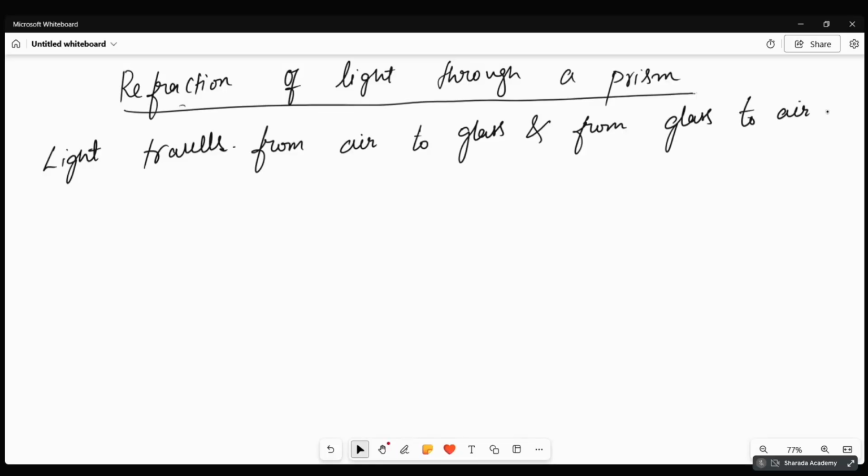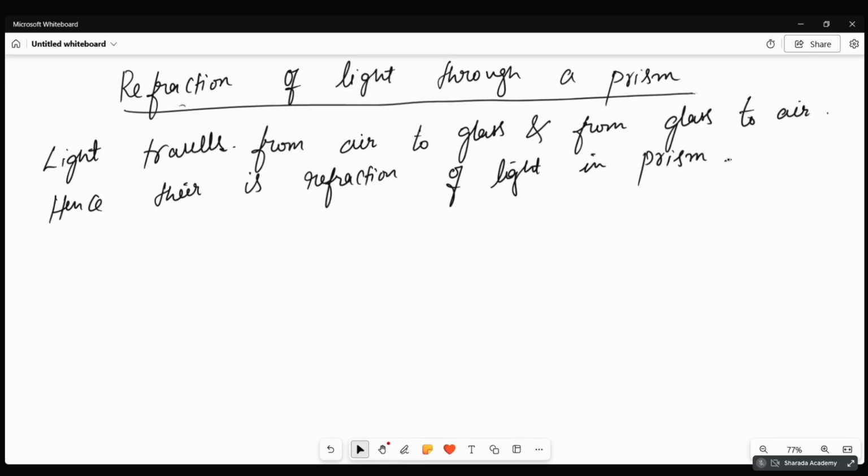Hence there is a refraction of light in prism.